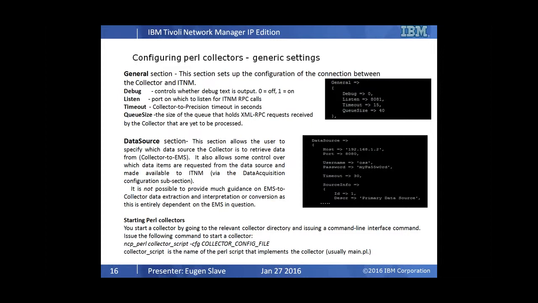The data source definition is different for each collector because there are different EMS depending on vendors, and that's why each collector has different configuration settings depending on the type of EMS. To start a Perl collector, all you have to do is run the command ncp perl collector script, which is usually main.pl, with the option -cfg and the collector configuration file.